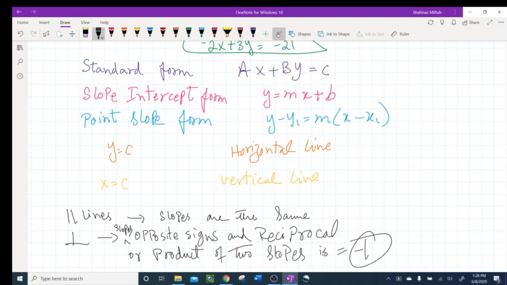So it's your choice how you do it. This is a whole summary of what we just did. Copy it down, write it down, note it down, and you will be good.